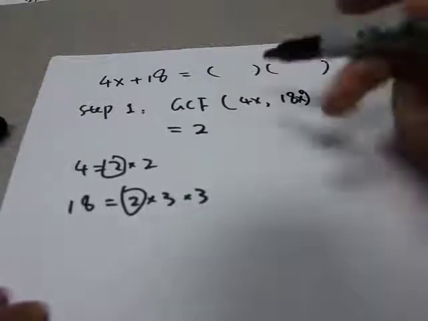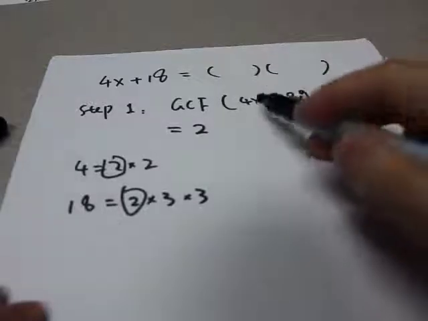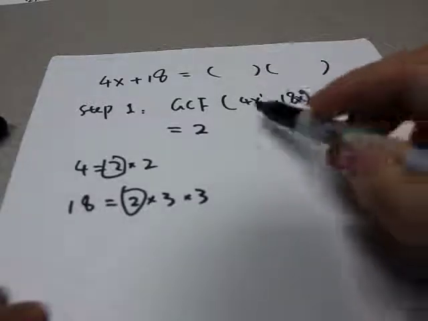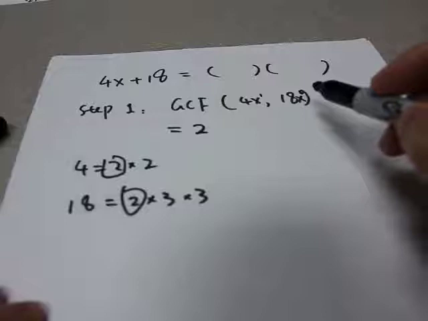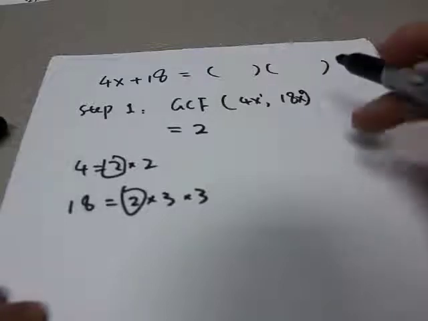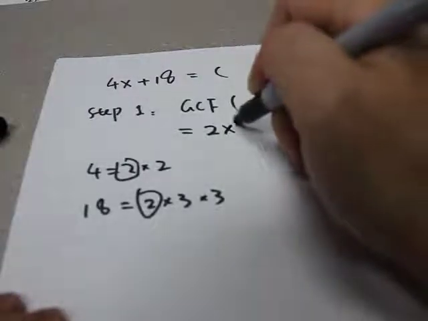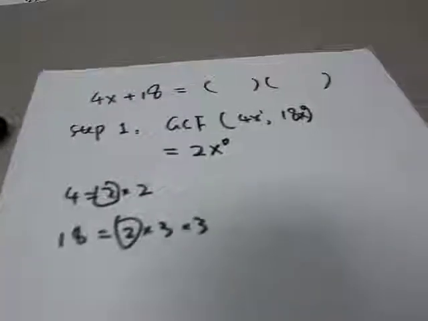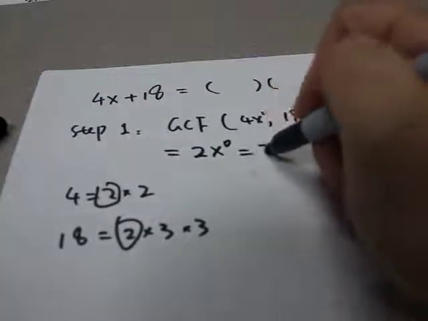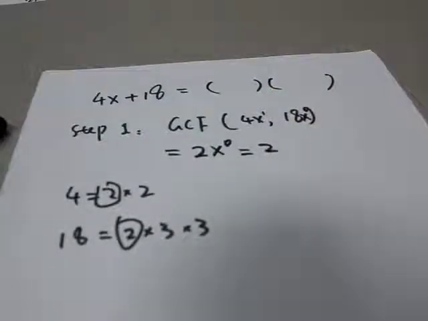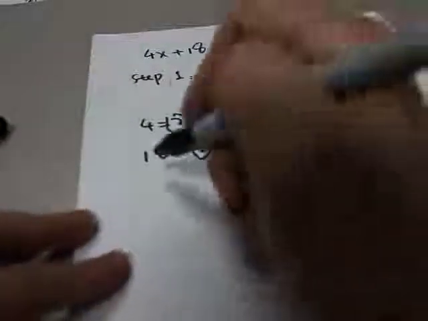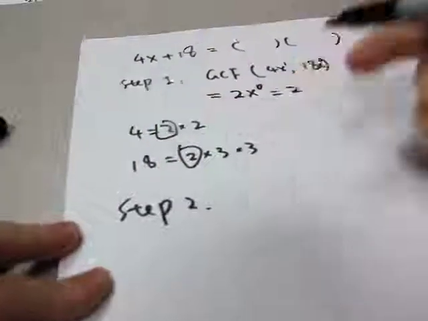So if you compare the powers of these two variables, you will see the lower power is 0. So the variable part is x to the power of 0, which is 1, and the greatest common factor is 2.